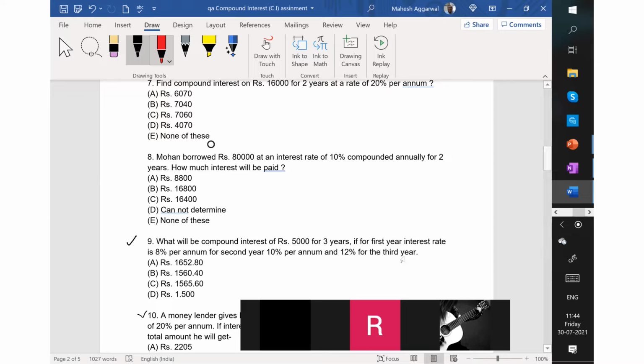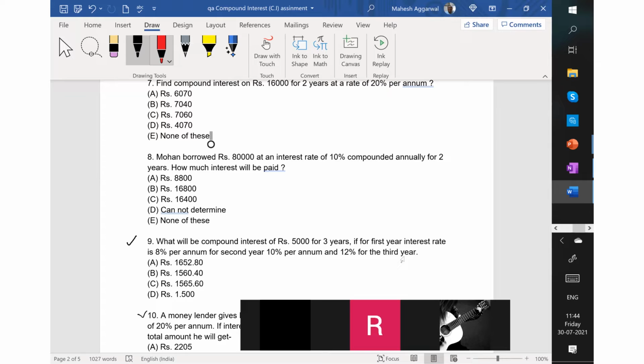Compounded amount will be equal to P into 1 plus R1 by 100, bracketed, second bracket, 1 plus R2 by 100, third bracket, 1 plus R3 by 100.